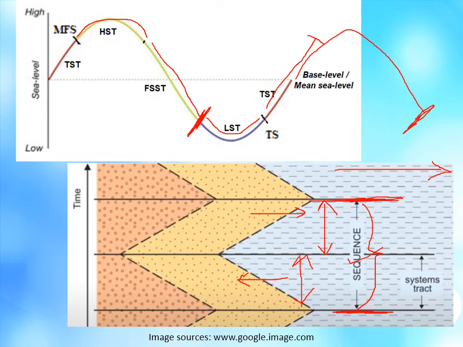When sea level falls, whatever the sedimentation amount, due to the higher rate of sea level fall, the area is exposed to subaerial activity, so some kinds of disconformity or unconformity surfaces are found at the top and bottom of the sequence. So a sequence is bounded by unconformity surfaces at its top and bottom.